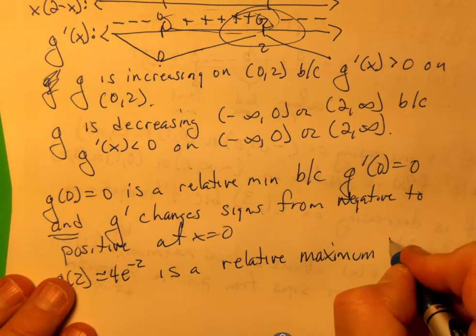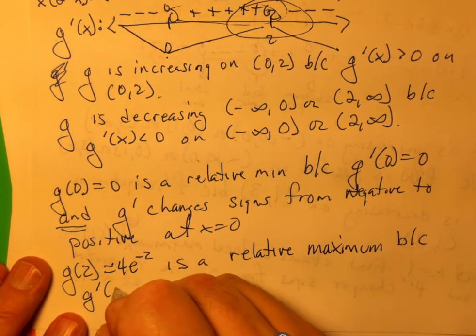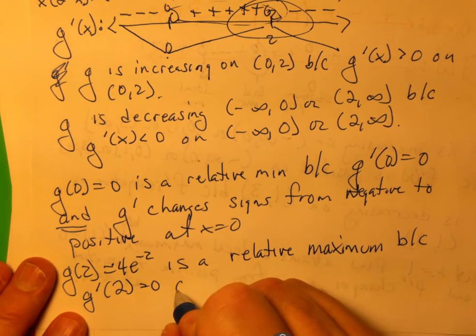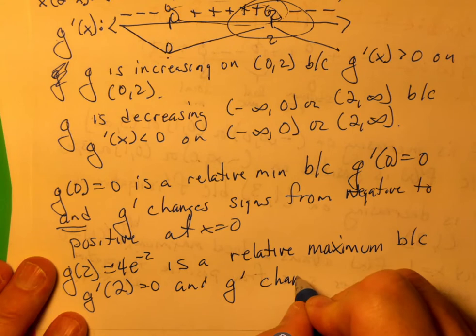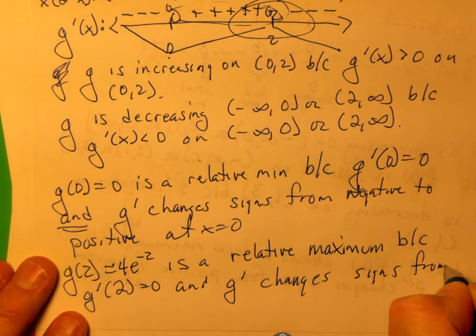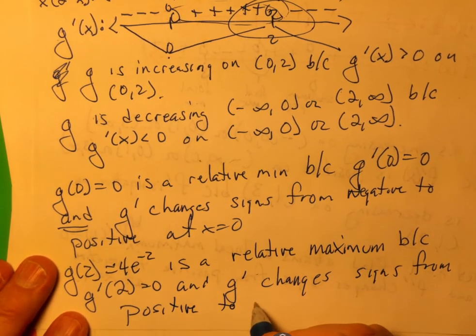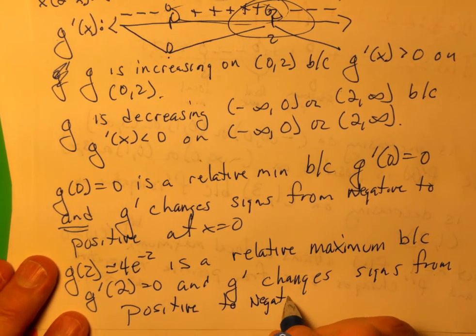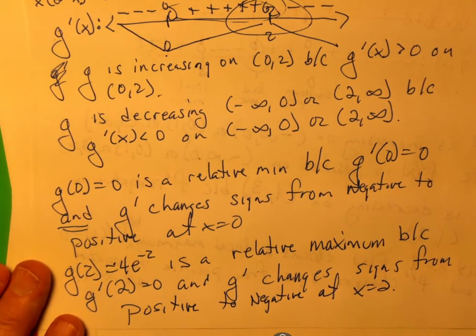Because it's a critical point, so I need to say that g prime of 2 is 0, and g prime changes signs from positive to negative at x equals 2.